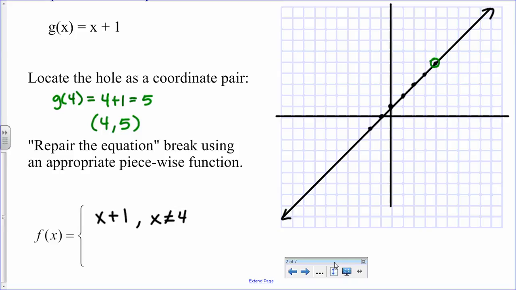So y equals 5 when x equals 4. So all it's asking you to do is just fill in the hole with a point you need. Okay, questions about that? All right, we'll grab another one of these later.